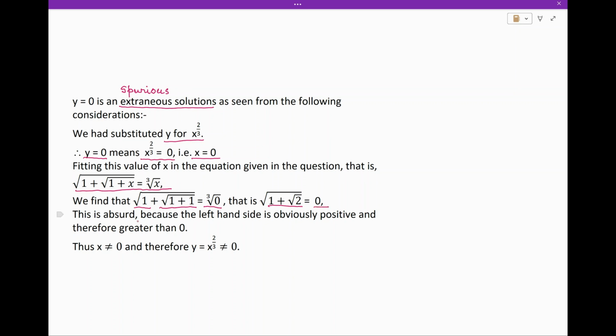This is absurd because the left hand side is obviously positive and therefore greater than 0. Thus, x cannot be 0, and so y, that is equal to x to the power of 2 by 3, also cannot be 0.